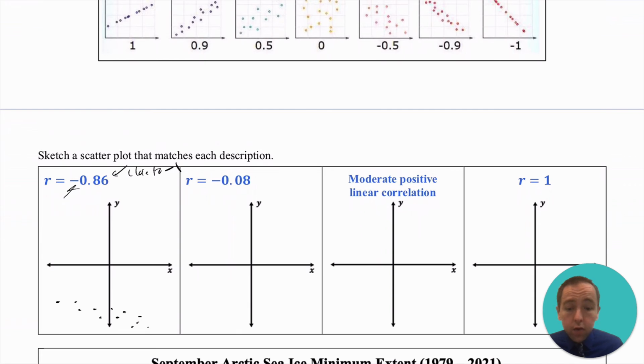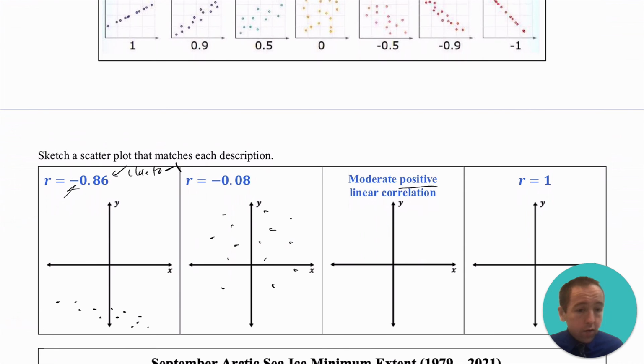The next one over is -0.08, so it tends to have a slightly negative slope, but 0.08 is pretty close to 0, so it's going to be pretty hard to tell. The points are just going to be scattered all over the place, with a slight negative tendency, but pretty random, almost not correlated at all. The third one says to do a moderate positive linear correlation.